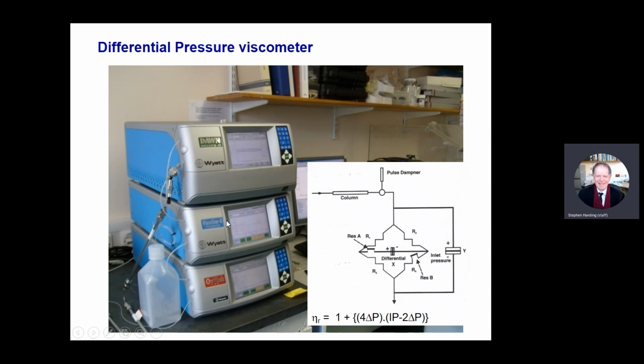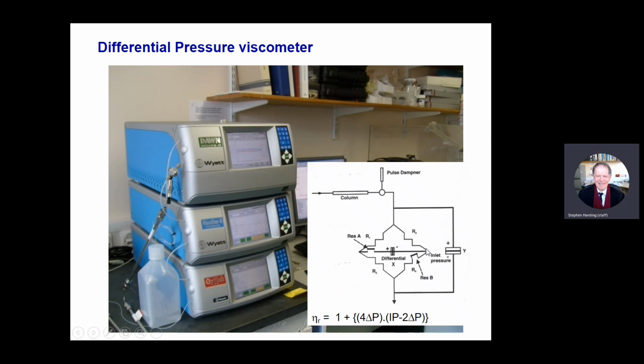But this device here is called a differential pressure viscometer, for measuring viscosities on line. So you don't measure flow times. You haven't got a time detector in here. What happens is you're comparing the flow of solvent through a capillary at the same time as comparing the flow of your solution.